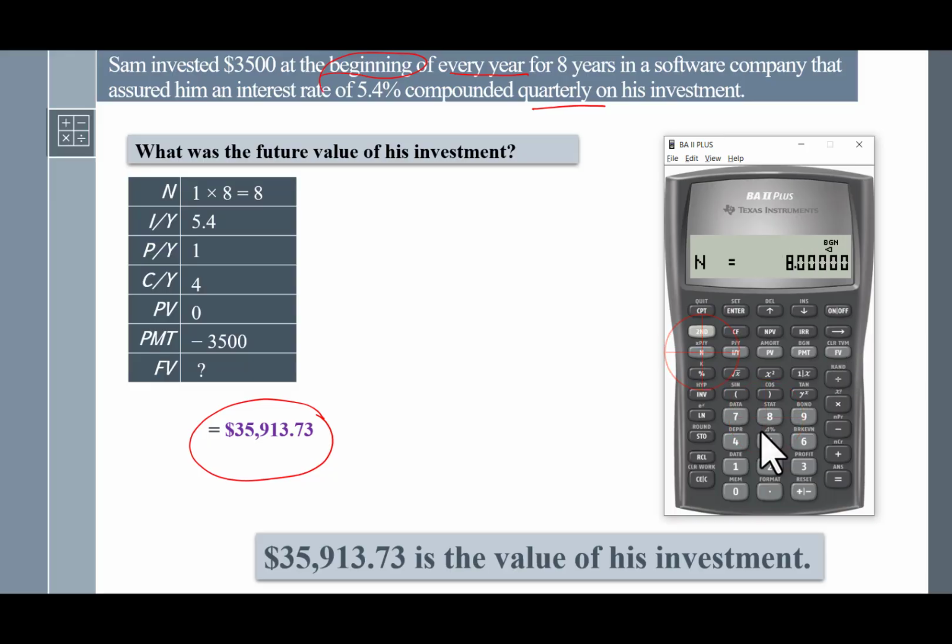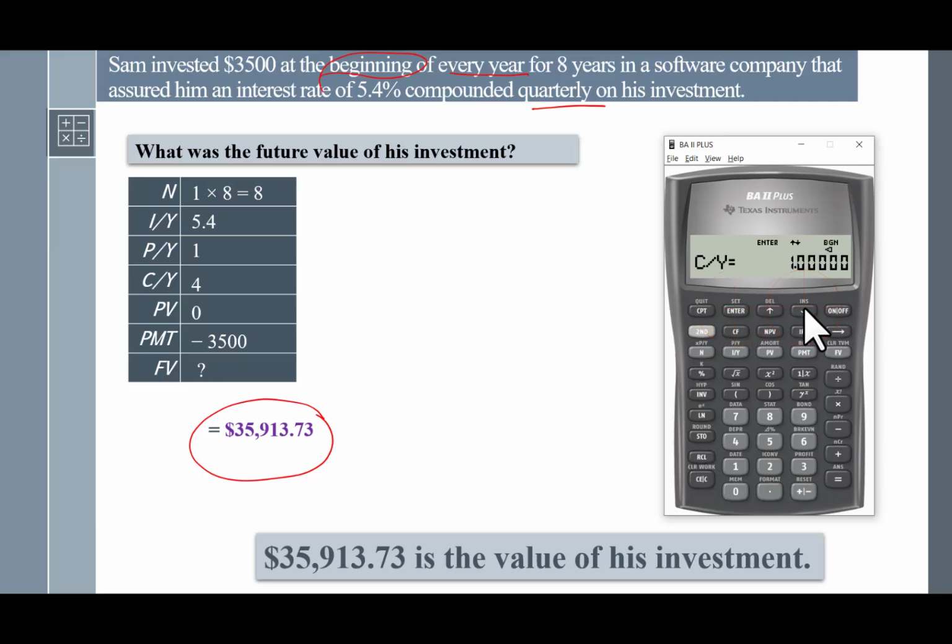8 for N, 5.4 for the interest rate. I'm going to enter the present value first, PMT, make sure it's negative. Then I'm going to go to the PY, enter 1 for PY. Don't forget to press enter.